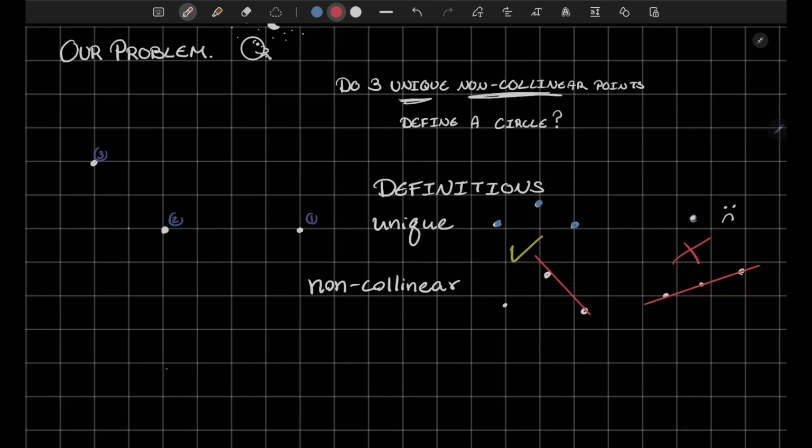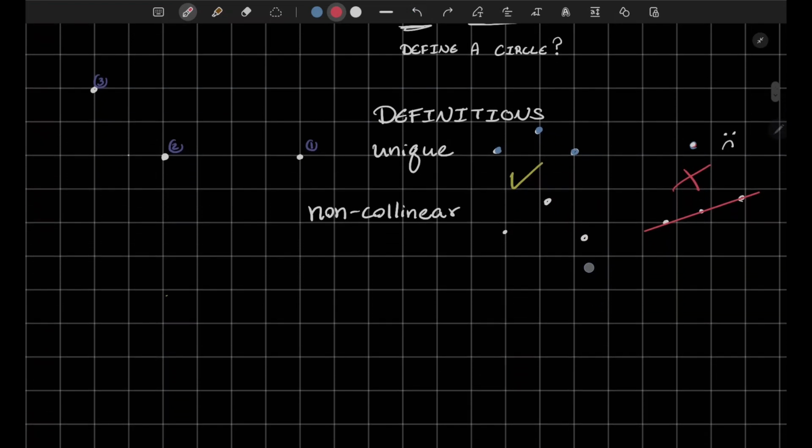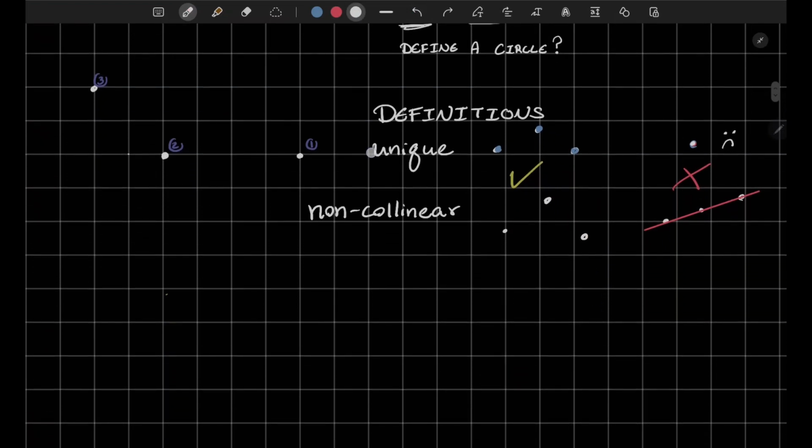That being said, 3 points are always coplanar, and this is relevant to our proof for the day. Coplanar just means, like a plane, you have 2 directions, and you can draw those 2 directions from the points.